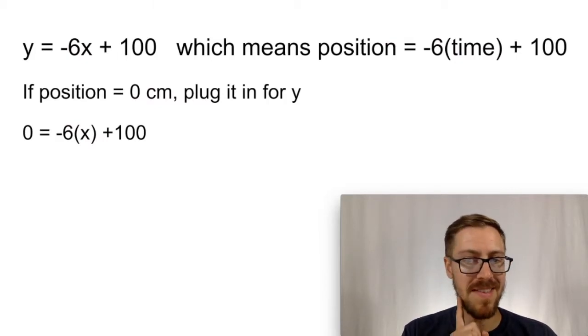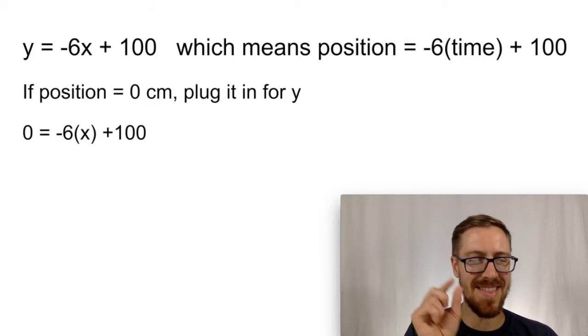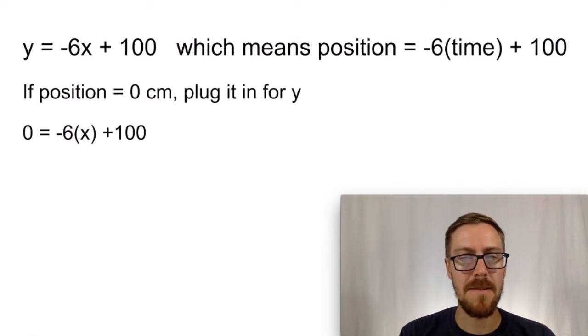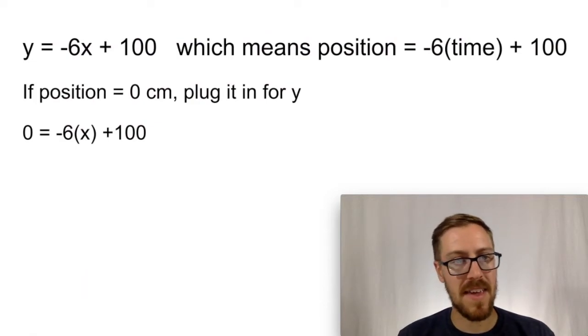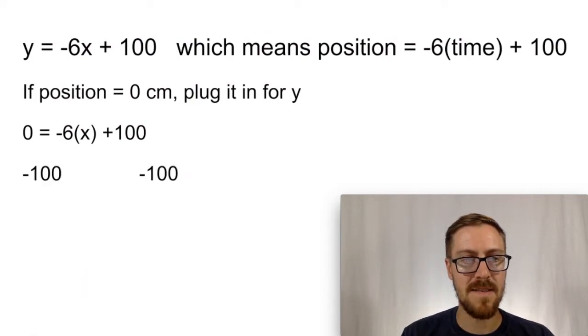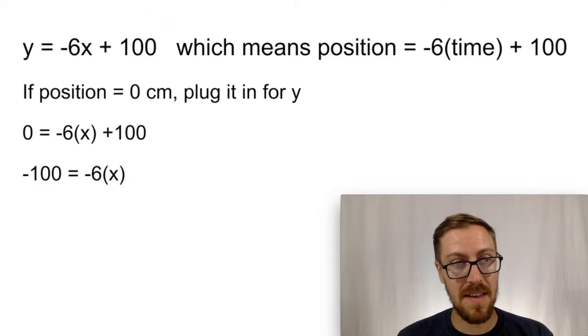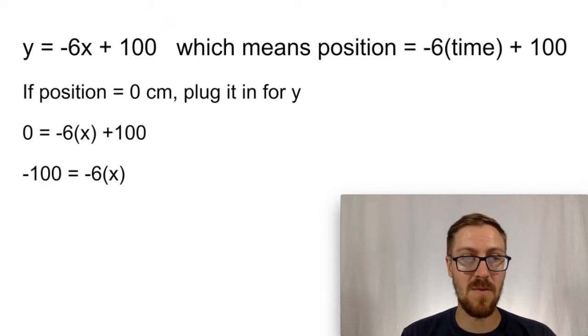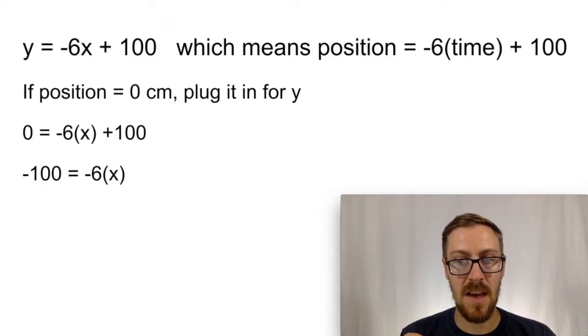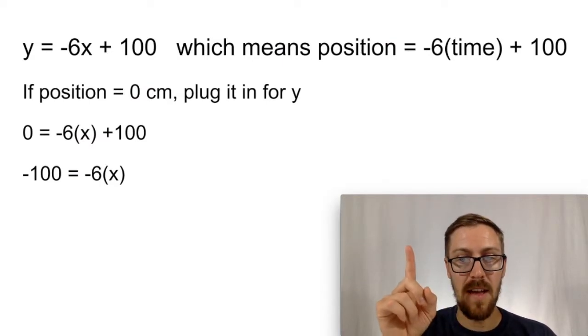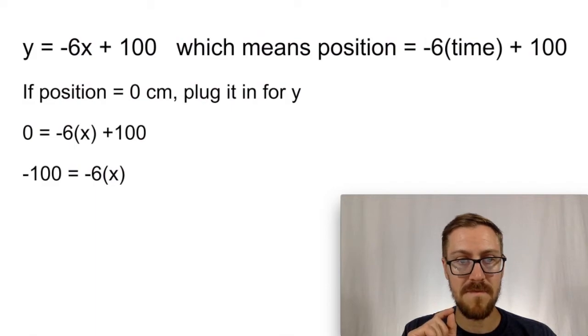At that point, it's a little bit trickier because I have to do just a little tiny bit of algebra. So I need to get the x by itself. To do that, I start by taking away 100 from both sides. And that's going to give me negative 100 equals negative 6x. All I did was subtract 100 from both sides to get rid of that 100 from the right side.